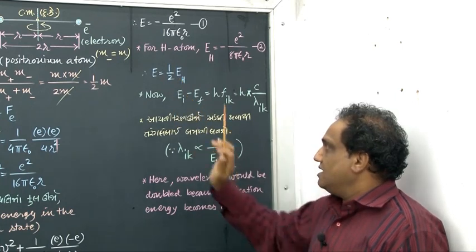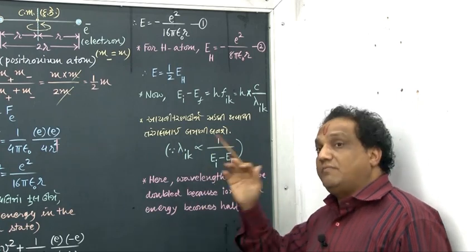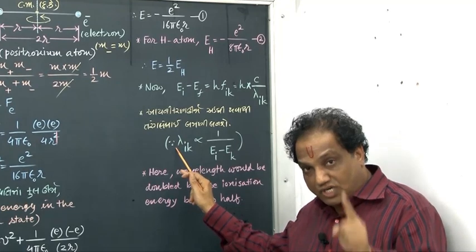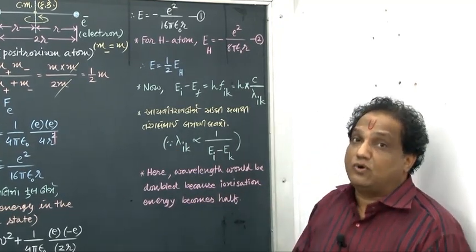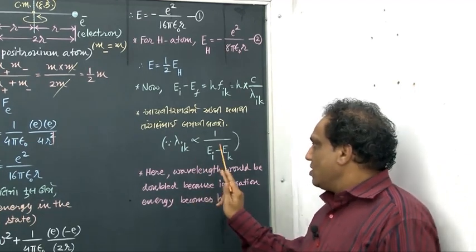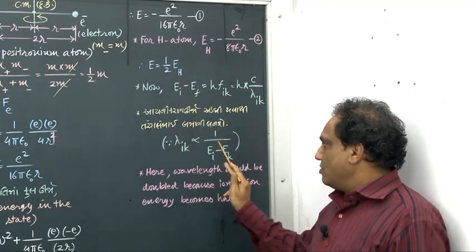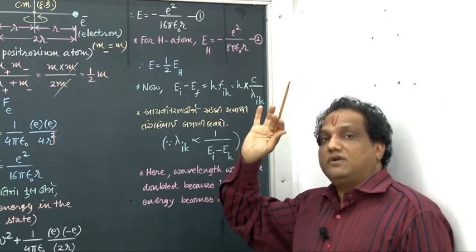So when this energy is half, naturally this wavelength will be doubled. So the wavelength of emitted radiation from positronium atom will be double the wavelength of radiation emitted from hydrogen atom. Got it? Fine.